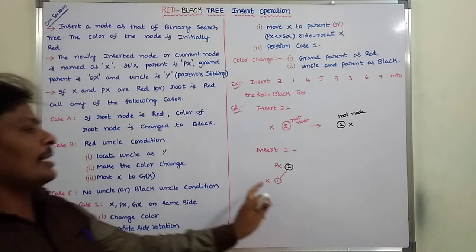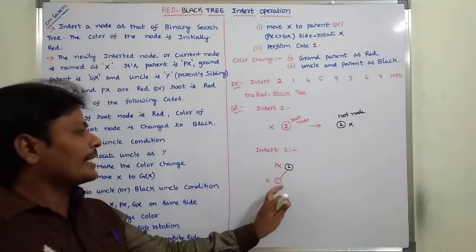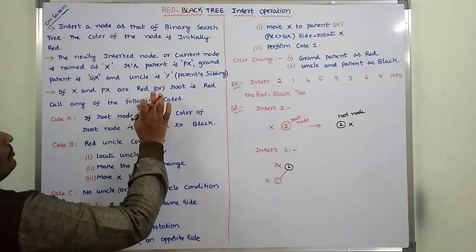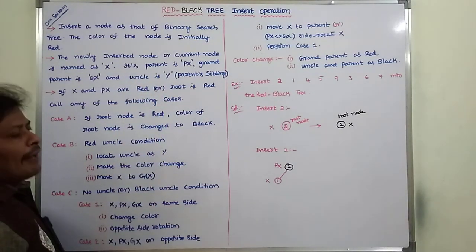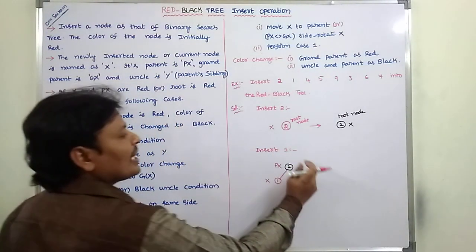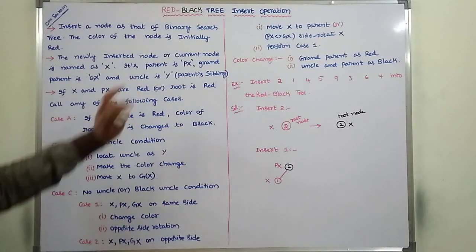Node 1 does not have any grandparent, it only has a parent. And the uncle is Y. Here the parent's sibling is not there, so the uncle is not there.